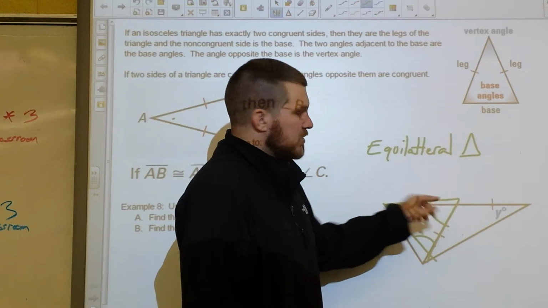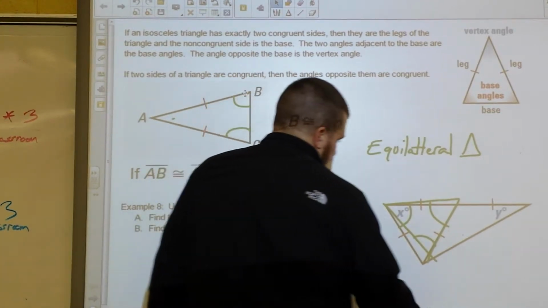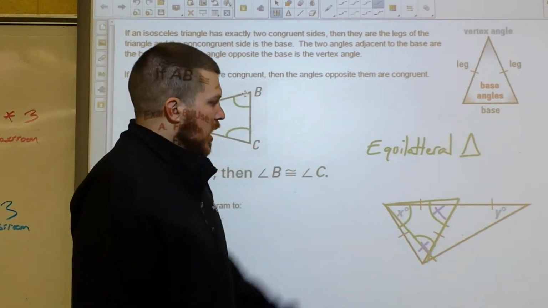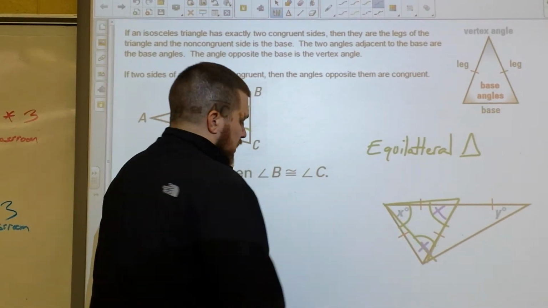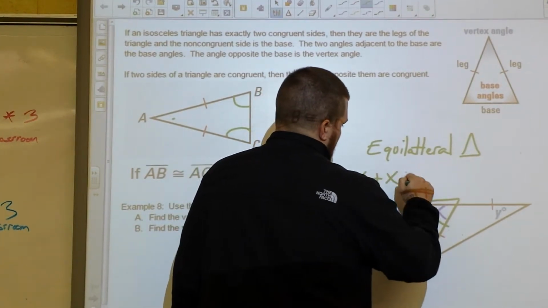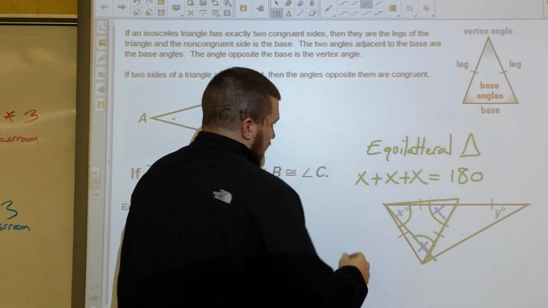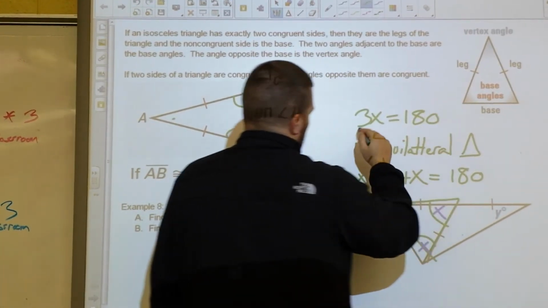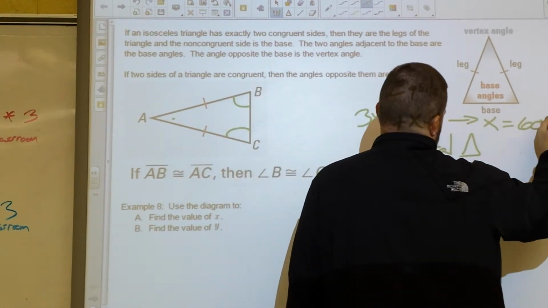So really what I know is that all three of these angles are x. And I know that the interior angles of any triangle always add up to 180. So for the green triangle, I have x plus x plus x equals 180, which means 3x equals 180. If I divide by 3 on each side, x equals 60.